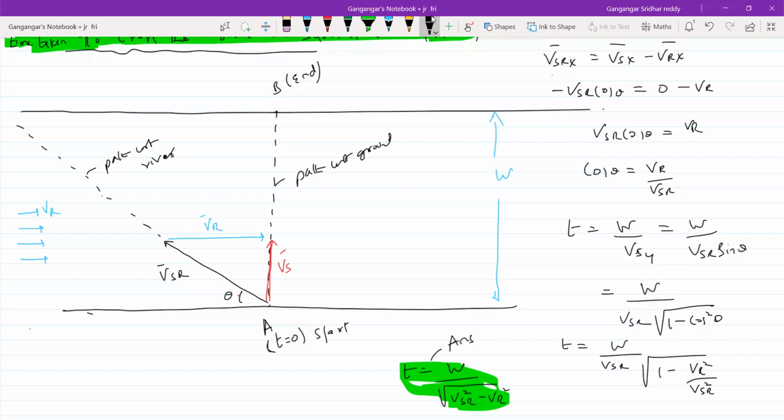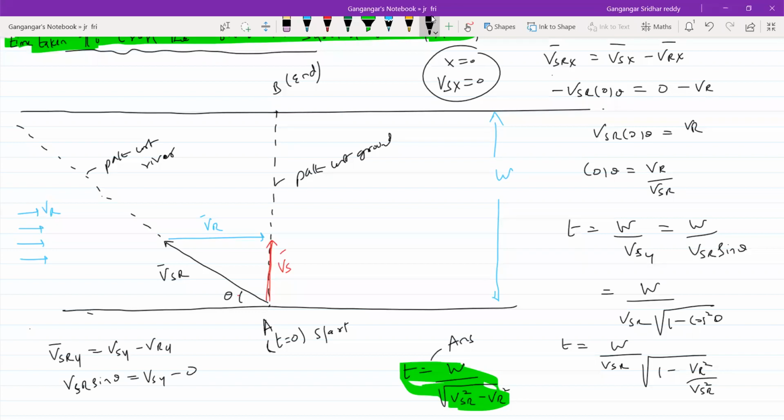You can ask the question, sir, why is Vsx 0? Because drift is 0, no? Drift is 0. And why, sir, W by Vsy? How is Vsy equal to Vsr sin theta? Vry is 0. So go back again to the same basic way. So this will be Vsr sin theta.